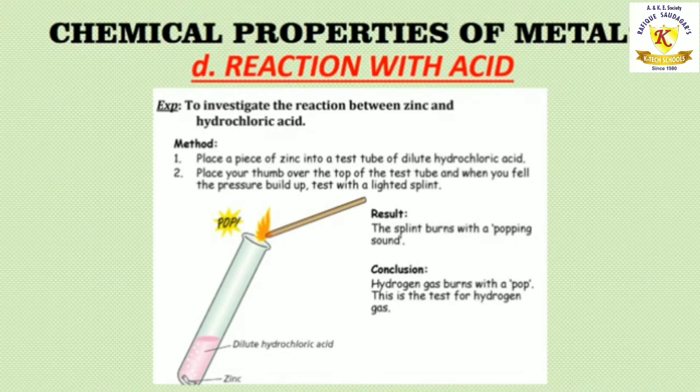Then add zinc dust to it. Now take a glowing splinter near the mouth of the test tube. Observe the glowing splinter. You will notice some sound coming out of it. This splinter burns with a popping sound.